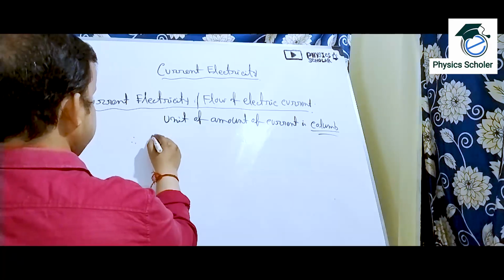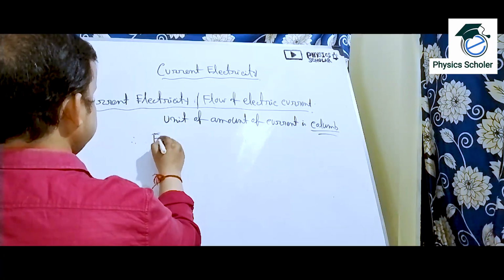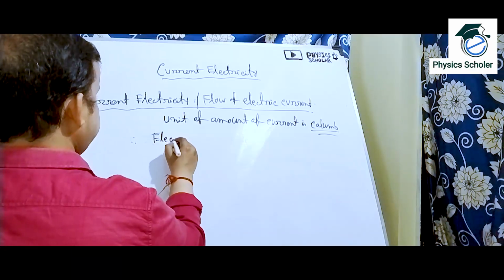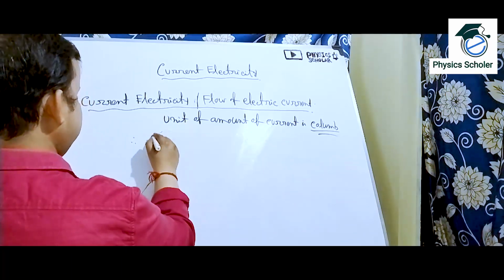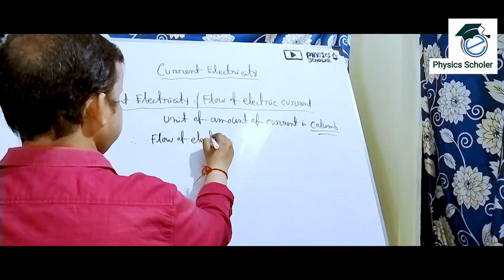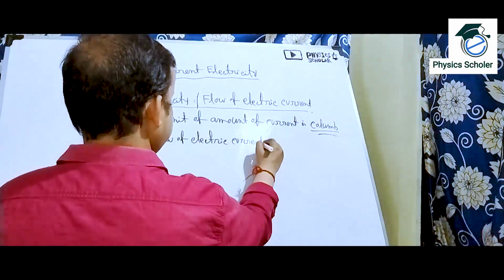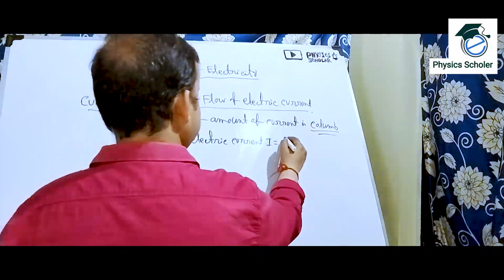So ampere. So what can we write? Flow of electric current, I is equal to what?